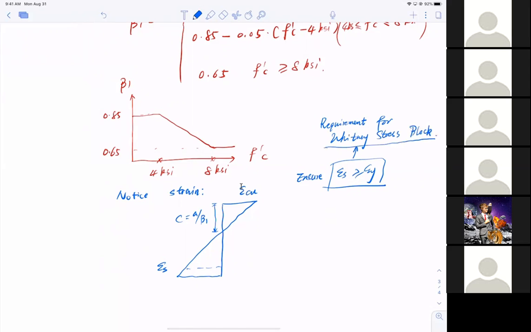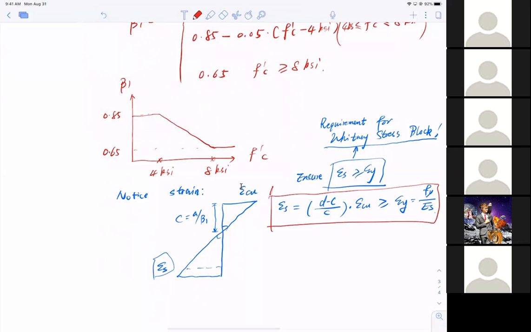It means epsilon s, from similar triangles, equals (d minus c) divided by c, multiplied by epsilon cu, and this has to be greater than or equal to epsilon y, which equals yield strength fy divided by the Young's modulus Es. You have to check this step every time to make sure it yields.